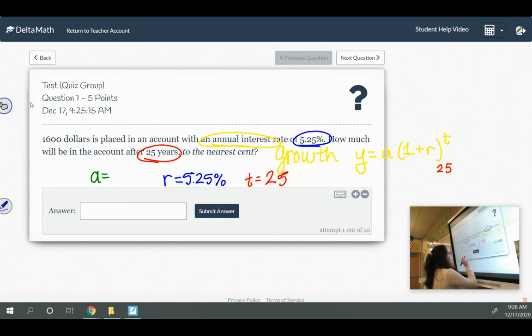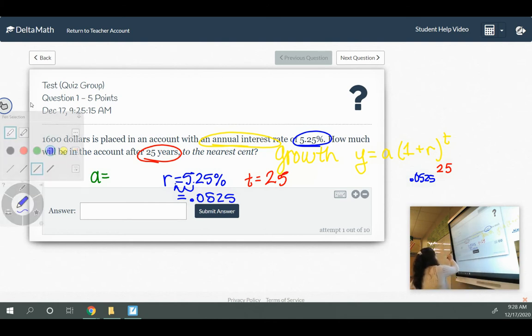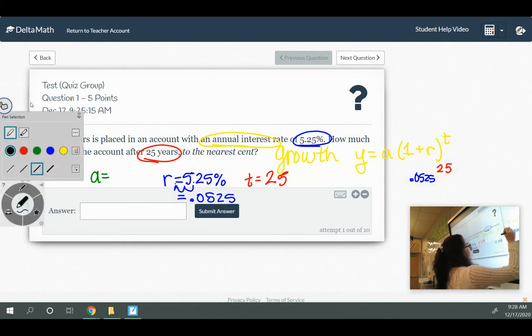But we need to convert this, move our decimal over 2 places to the left. So we get 0.0525. So in our problem here, we'll have 0.0525, and we can fill in the generic parts of our equation.